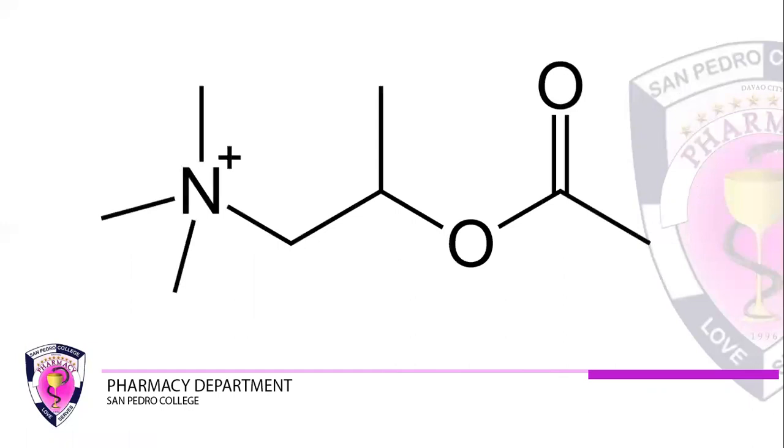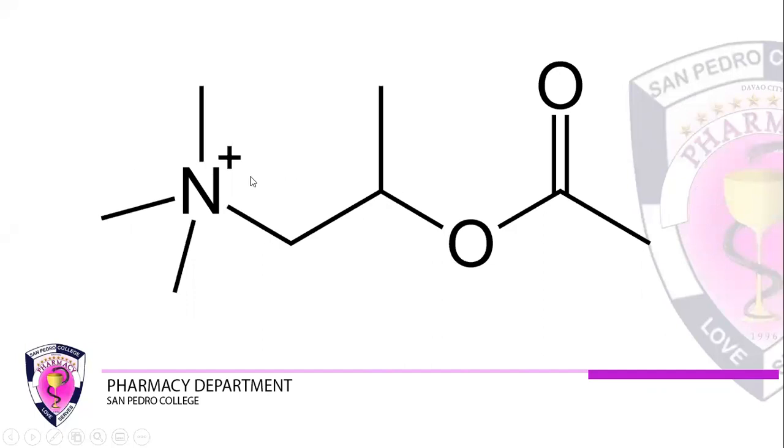All right, so this time let me show you the different structures that were given a go signal when it comes to structure activity relationship. So this one, it's the addition of a methyl group at the beta carbon. So this one has a more potent muscarinic than nicotinic activity.